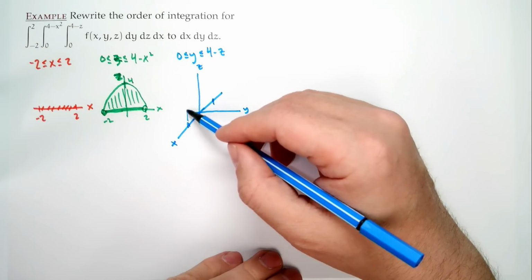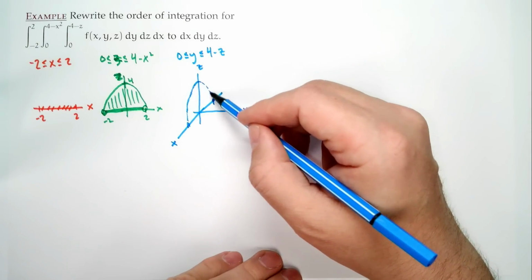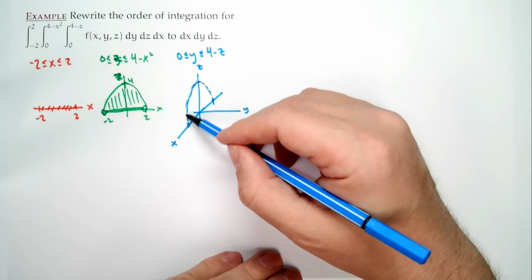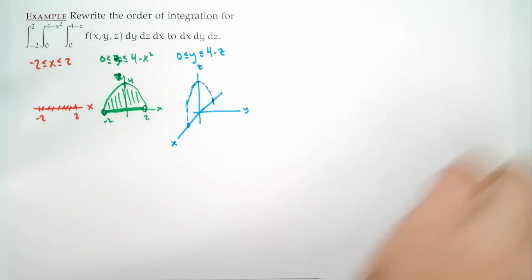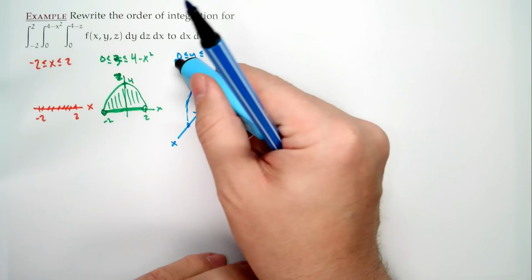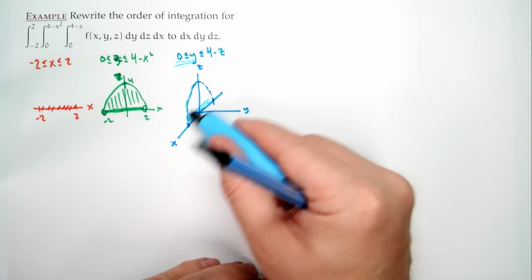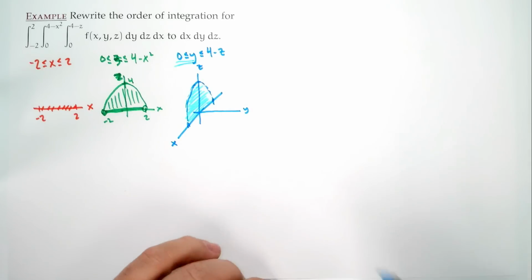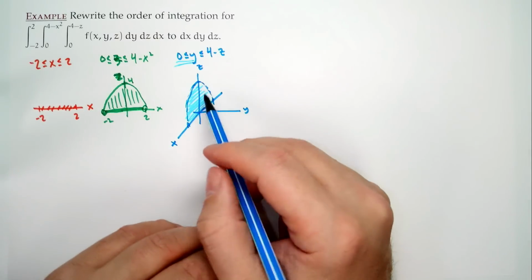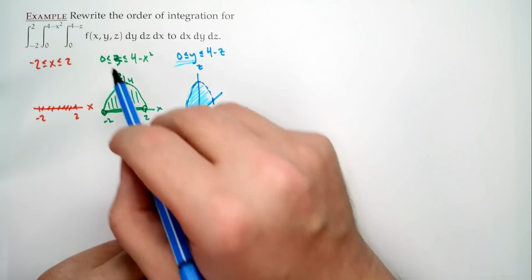So there's this shape here, this upside down parabola. So this right here, I'm going to shade it because I notice that I have this y equals 0, which corresponds to the xz plane. So this is essentially the back side. Now what happens is I'm going from the backside 0 out to 4 minus z.